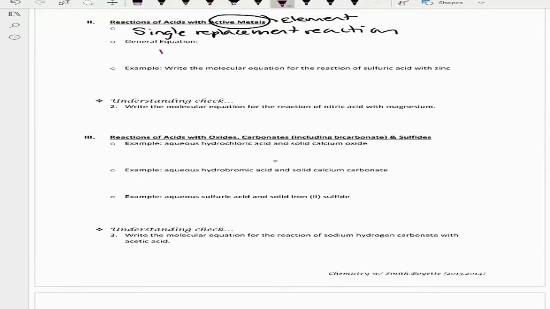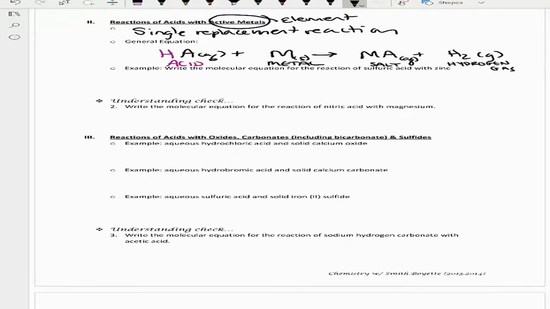So what this looks like is we have our acid, aqueous, plus a metal, gives us our metal with our anion plus H2 gas. Solid and an ionic compound that's likely soluble. And so what we're reacting is an acid plus a metal, which gives us a salt plus hydrogen gas. And you'll notice that this reaction actually is not balanced.